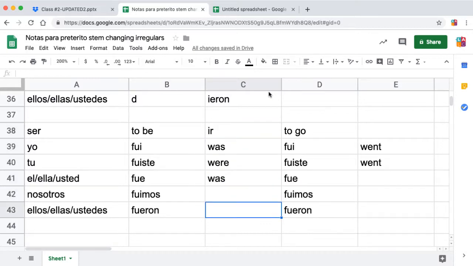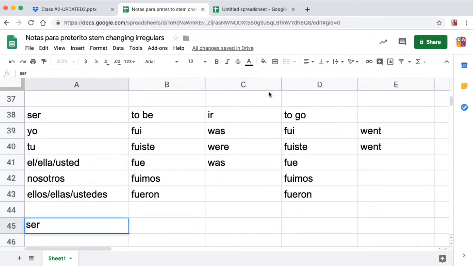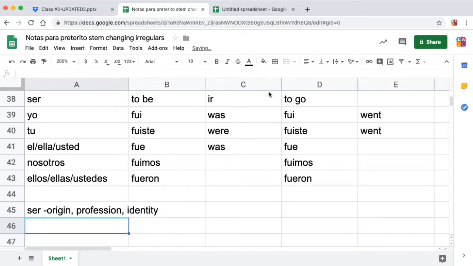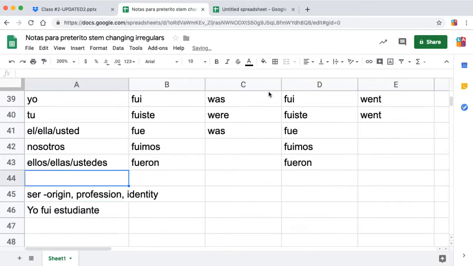So in order to use it for ser right now, use it for origin, profession, and identity, mainly a profession, like yo fui estudiante, I was a student, because I am not anymore. But with the rest it's a little bit harder, because yo fui argentino, I was Argentinian, unless I'm dead, I still am. So it's very hard to use it with this type of past tense.